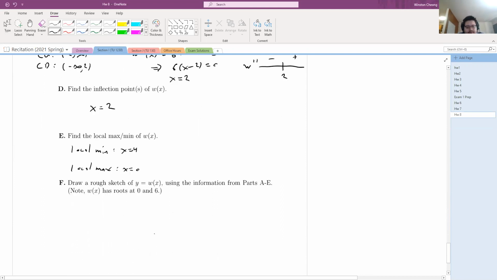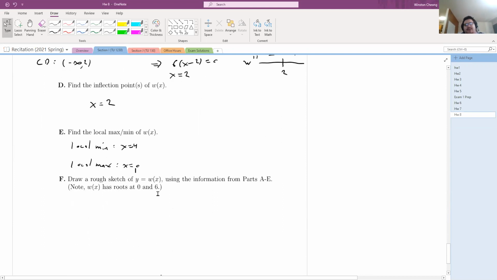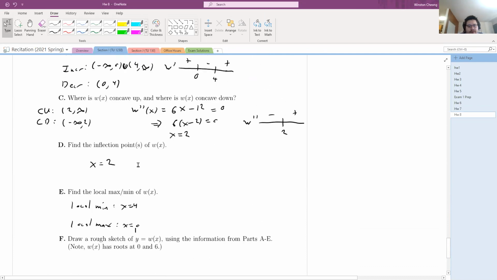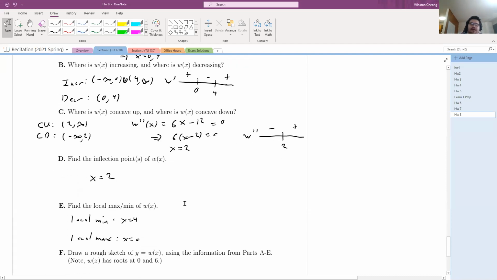But now that we see we're supposed to actually sketch this, I'm thinking that I need coordinates for these things, right? The inflection points, local mins and maxes are specific points on my curve that I can figure out. I want them to be landmarks for how I'm going to draw my function.